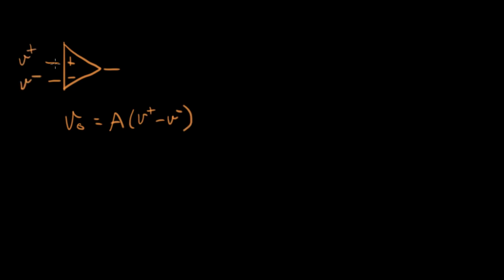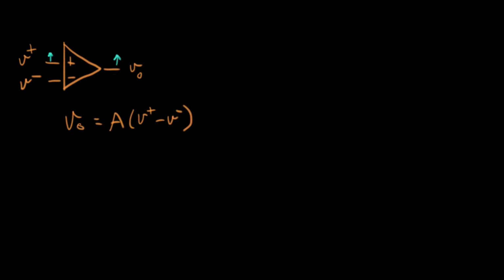One way I think about this is to look at the way a change in voltage on the input modifies the output. Let me label V out here. If there's a change on the input, say V plus goes this way, because it's a plus sign, that means that V out goes this way.